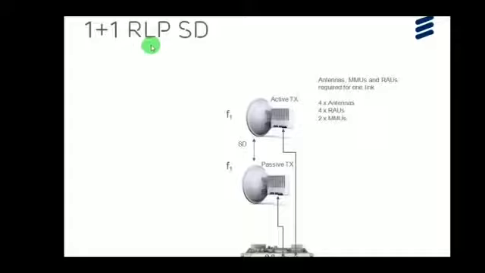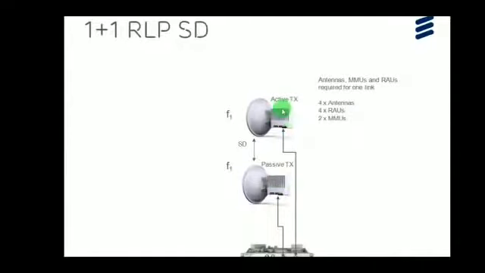1+1 radio link protection, space diversity. The requirements are antennas, MMUs and radios for one link. So for space diversity, we need 4 antennas. For near end we need 2 antennas. Obviously the far end also we need 2 antennas. So totally 4 antennas, 4 radios, 2 MMUs. 4 radios for near and far end, 2 MMUs for near and far end.